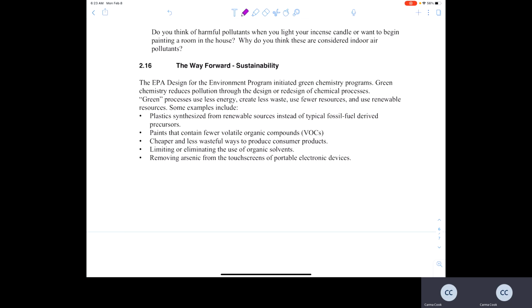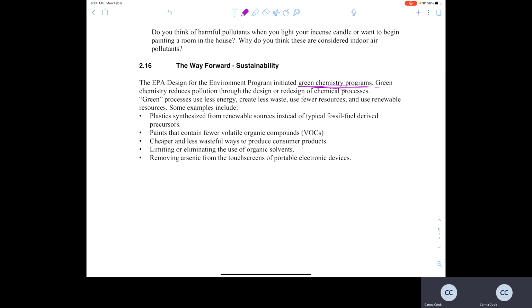So the way forward: sustainability. The EPA Design for the Environment program initiated what are called green chemistry programs. Green chemistry is the concept of reducing pollution through the design or the redesign of chemical processes.